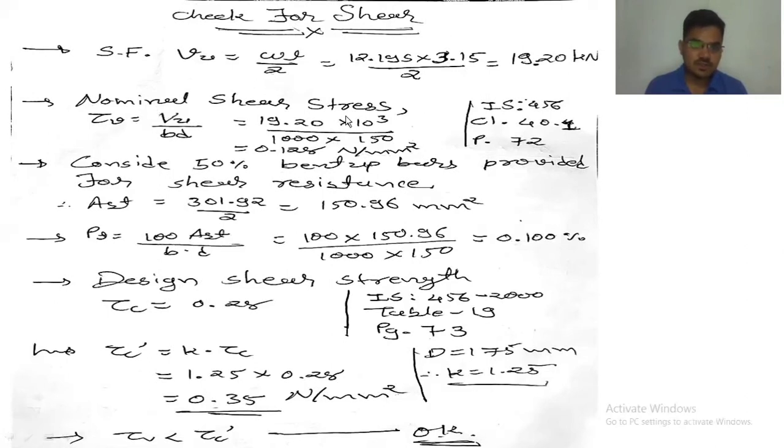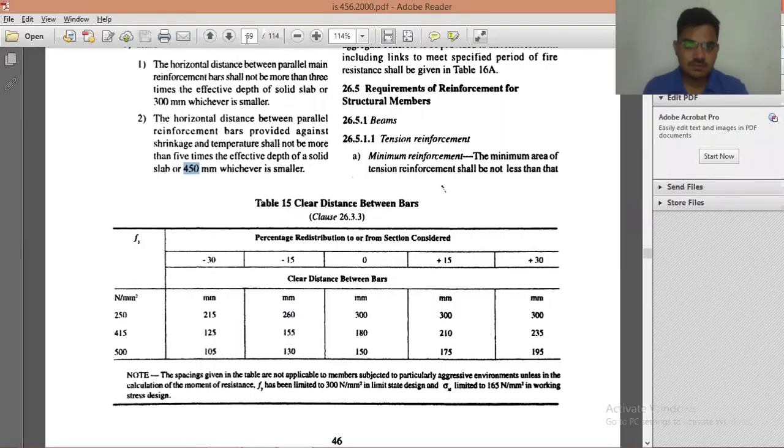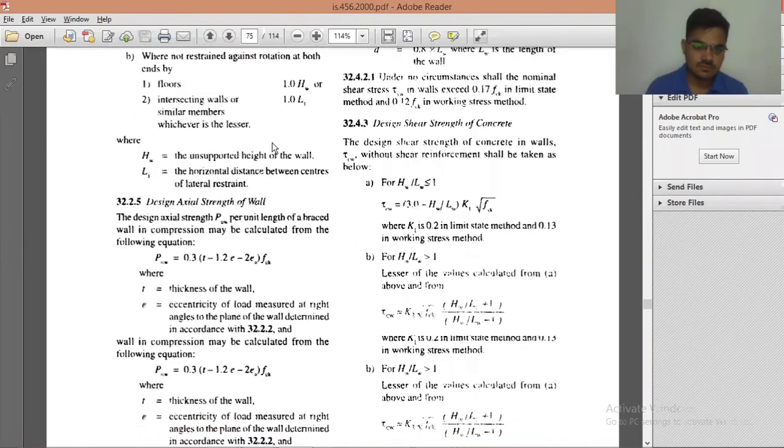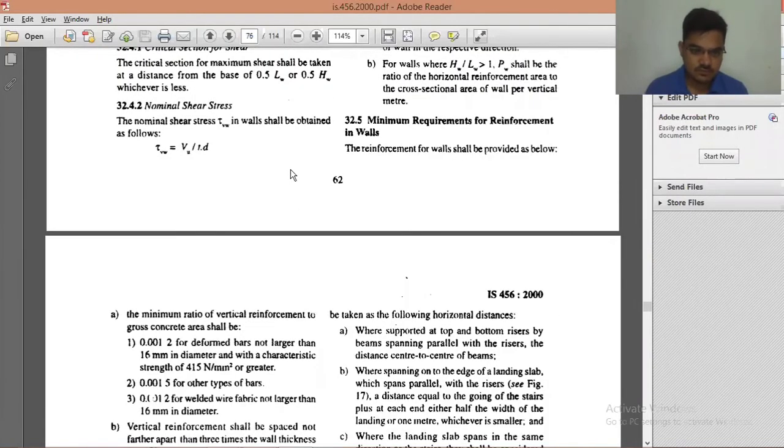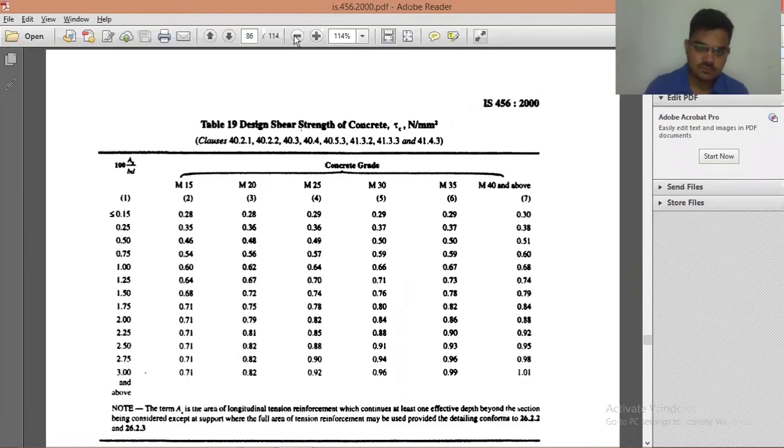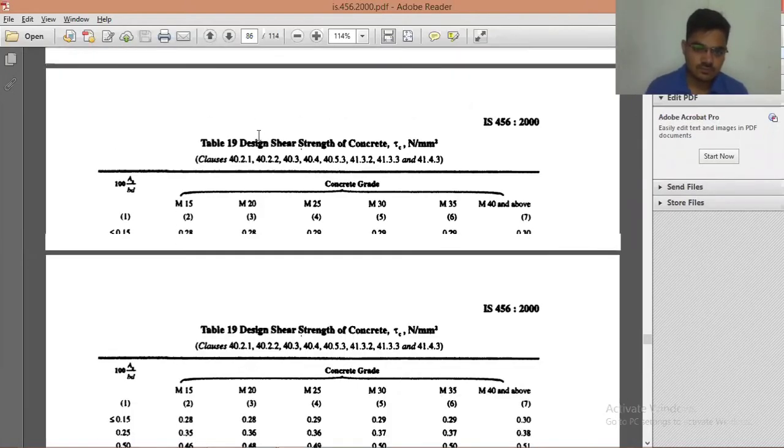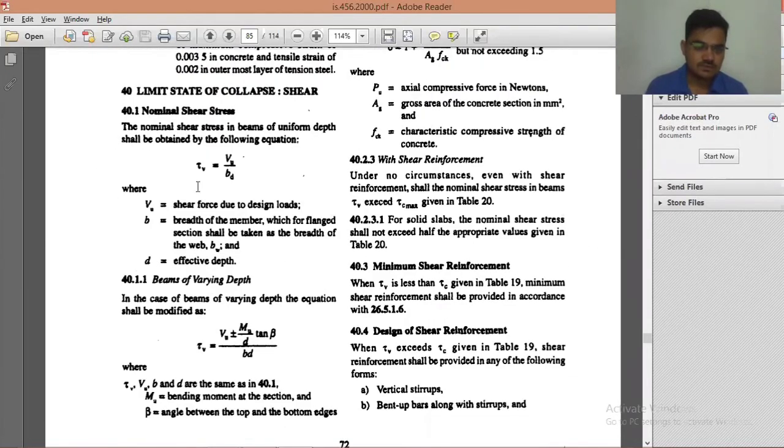First, nominal shear stress. Nominal shear stress comes from clause number 40.1, page number 72.